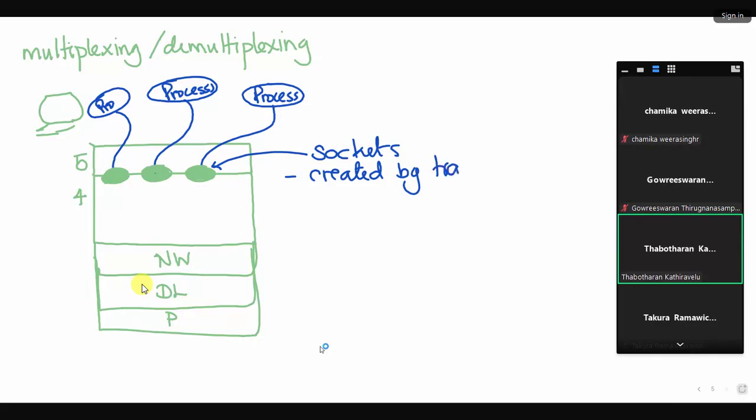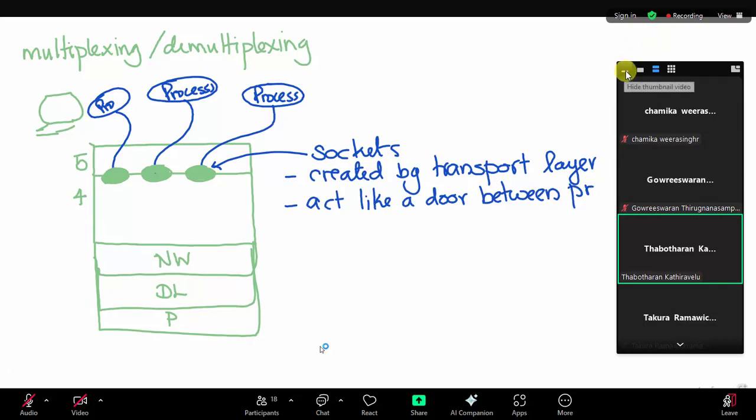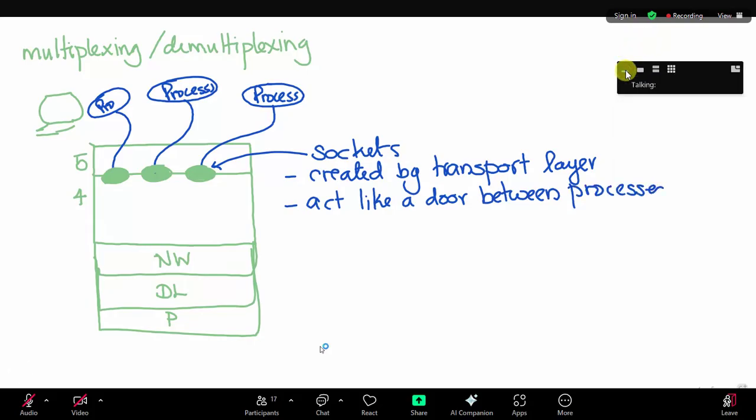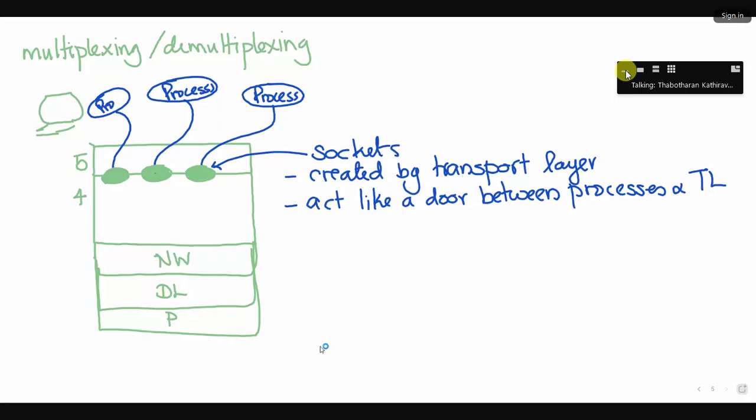They act like a door between application processes and the transport layer. Okay, for simplicity, I write it like that.